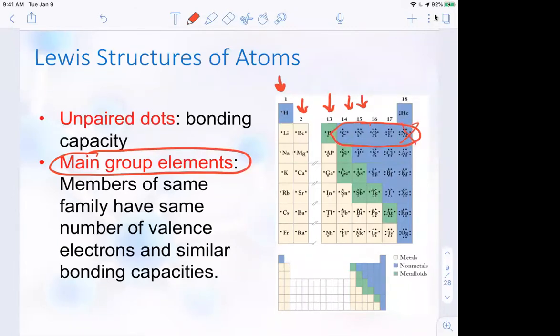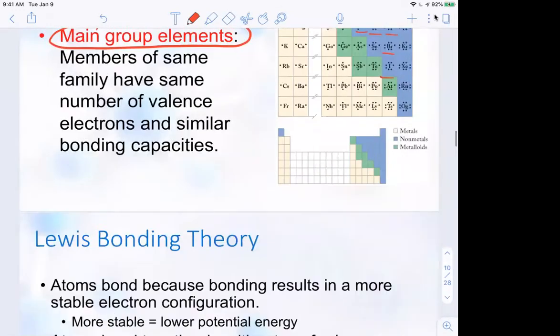Neon doesn't bond, but carbon, nitrogen, oxygen, and fluorine are used a lot. So we're going to focus on those and then just touch on expanded octets for when we get into molecules that use these other elements in their structures.